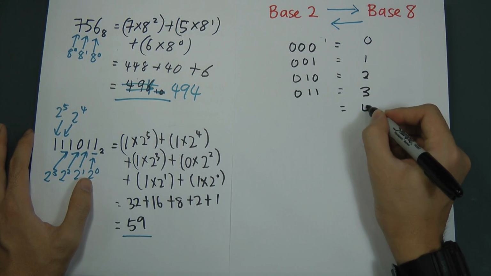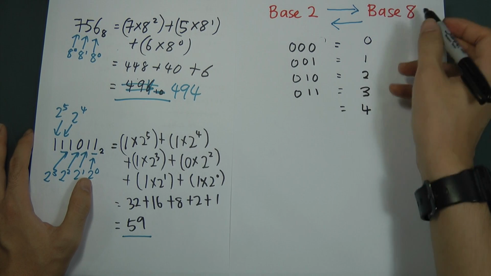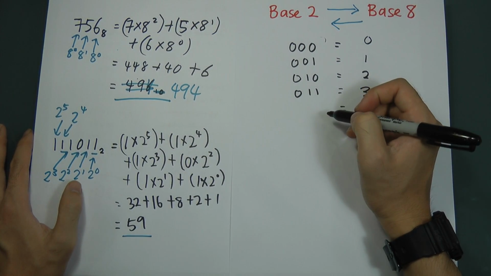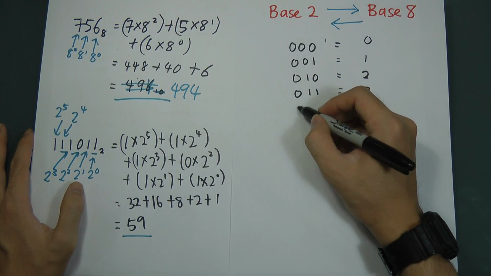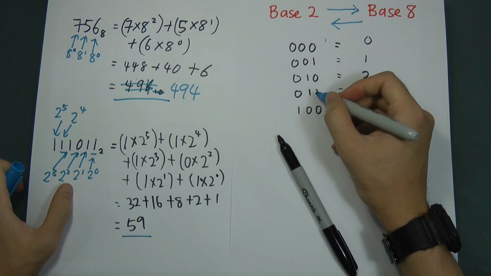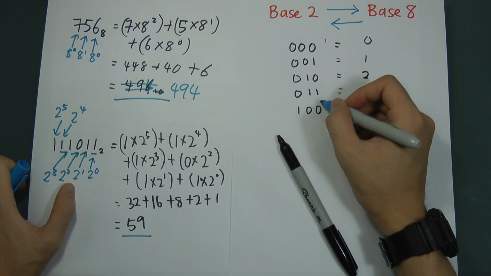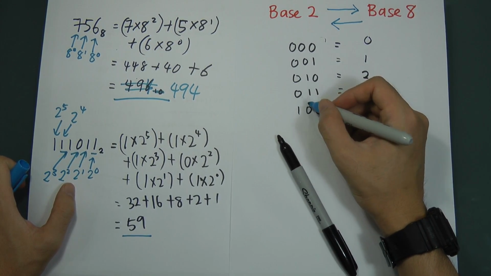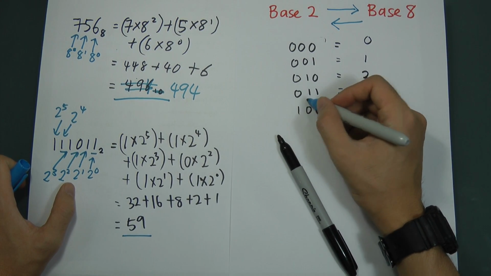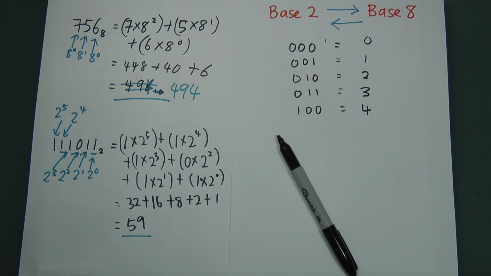Then 4 in base 8 is plus 1 again. When 011 plus 1, you get 100, because if you really plus 1 over here, 1 plus 1 you get 10, and then 1 plus 1 again you get 10, so you get 100.